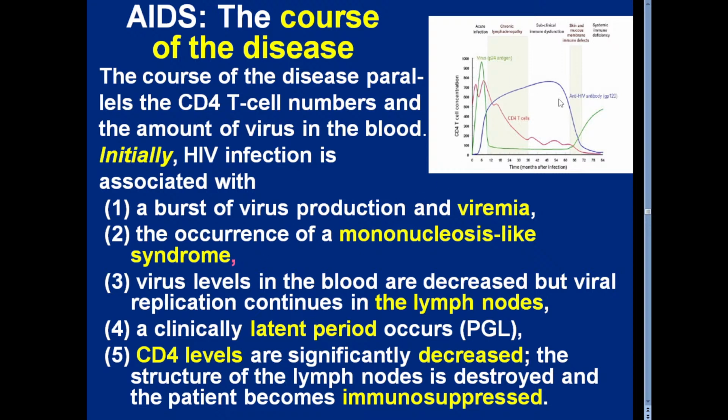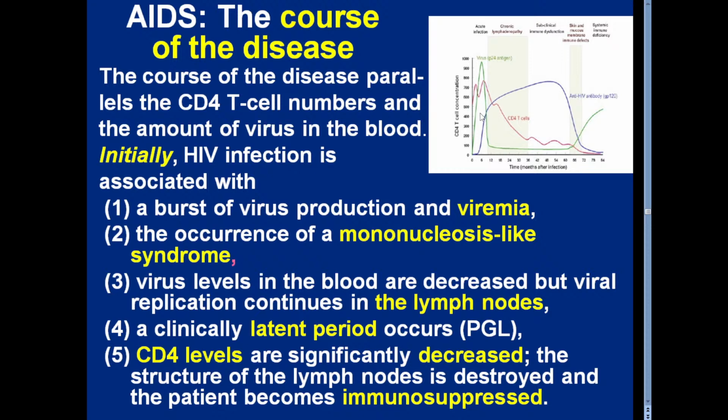Then, how do the amount of CD4 T cells and the disease correlate? First, HIV infection is associated with a boost in virus production and viremia. This is in the first period, during the first month maybe, the period of viremia that initiates a mononucleosis-like or flu-like syndrome.